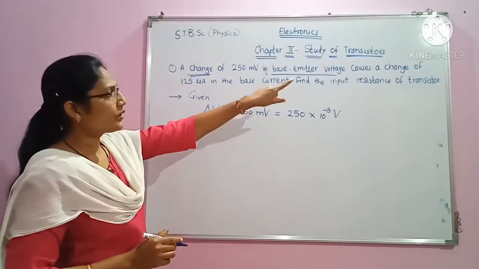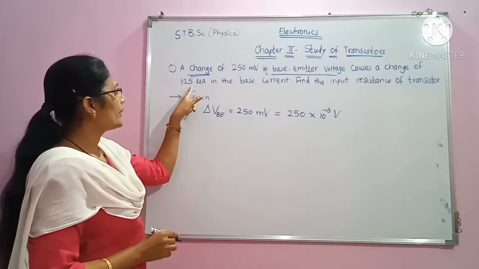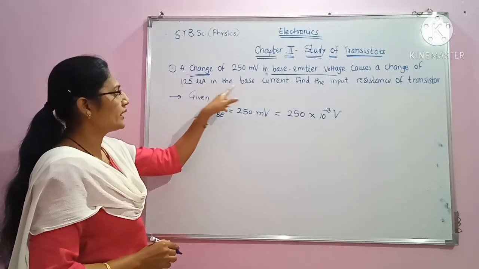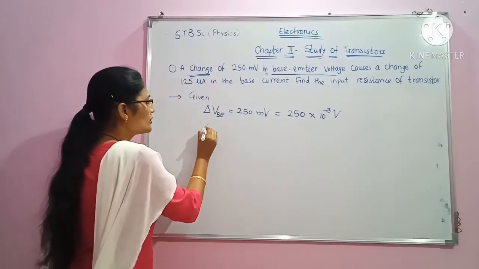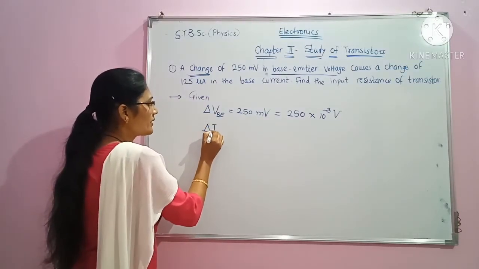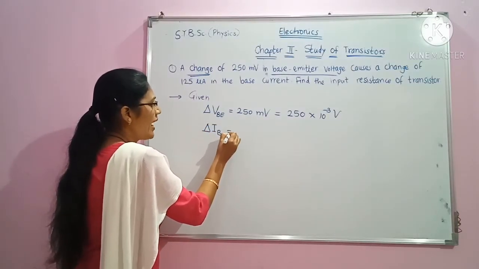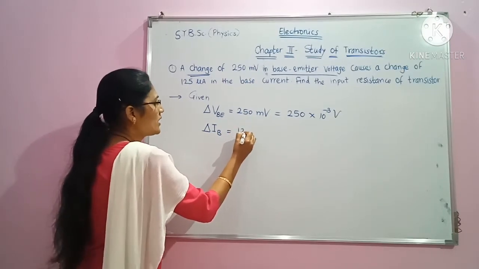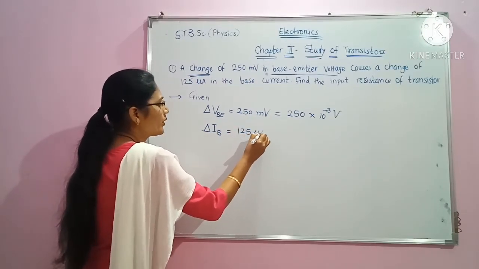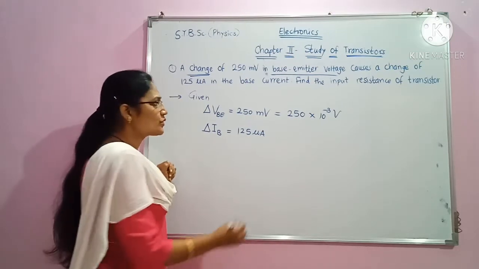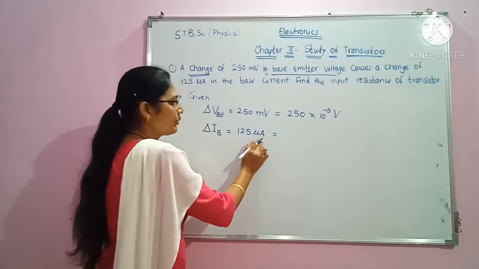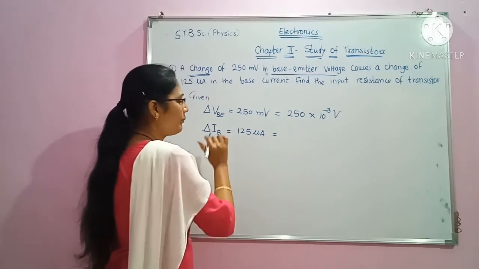Then next, it causes a change of 125 microampere in the base current. So the change in base current is also given, and its value is 125 microampere. Again we have to convert it into ampere.